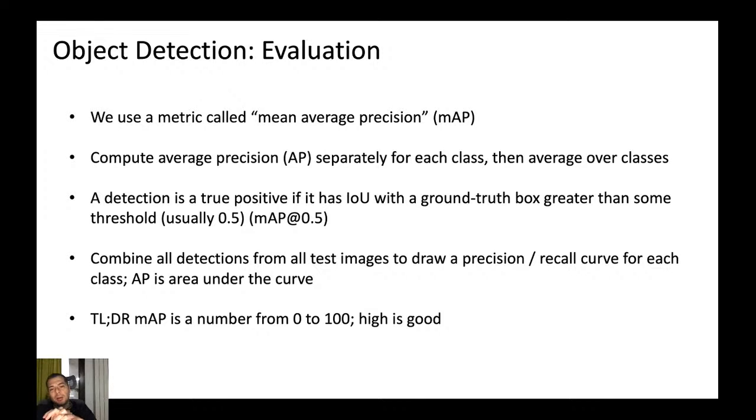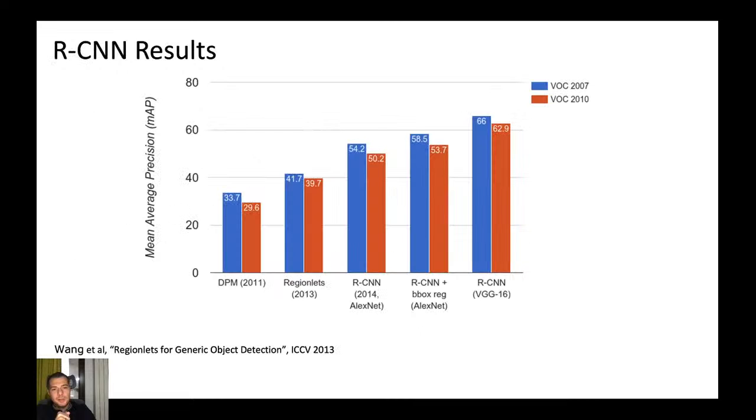So this is typically written for short as mAP at 0.5, or at IoU higher or equal to 0.5. So this is the short notation for this metric. Mainly, the higher the average precision for a class, the better the model, and of course this is also reflected in the mean average precision.